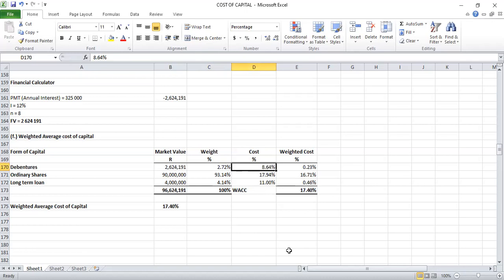What are you getting on the first one? 2.72 times 8.64, I'm getting 0.24.